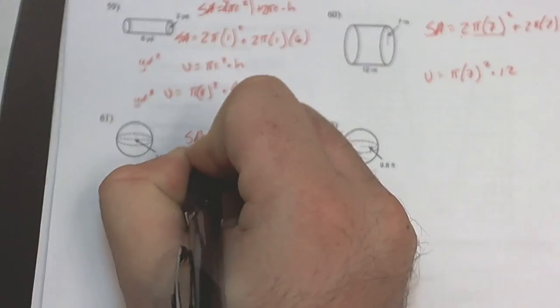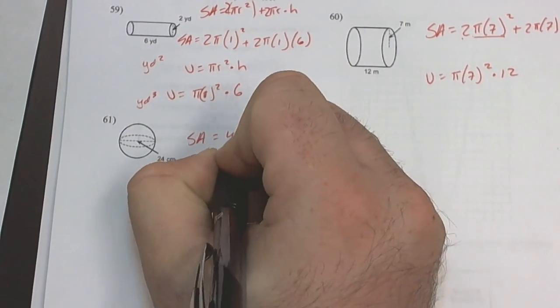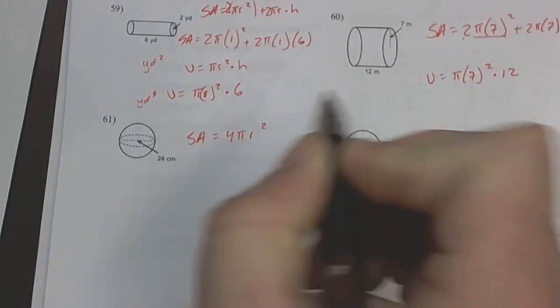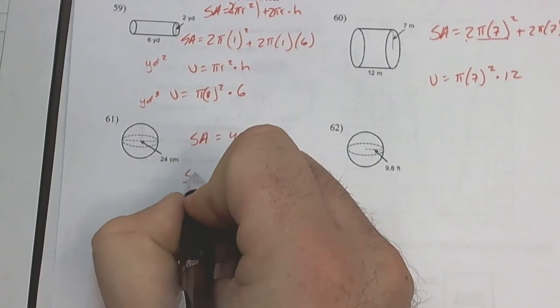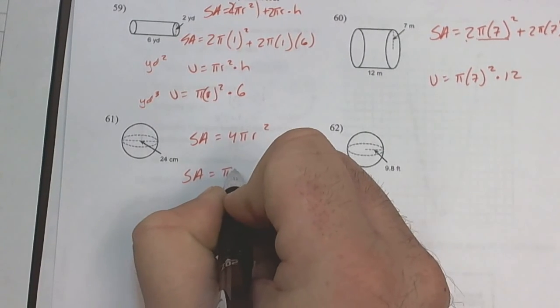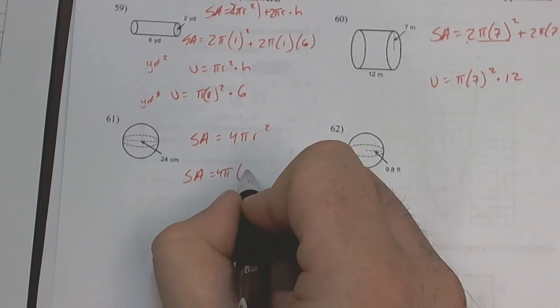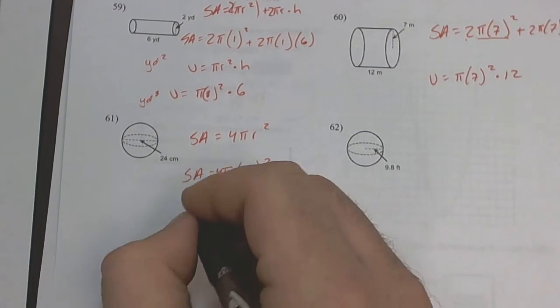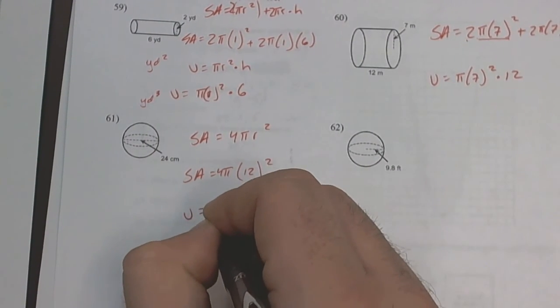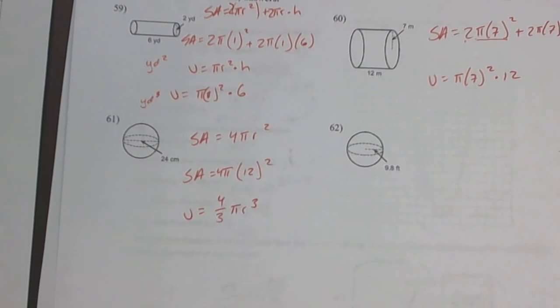Surface area of a sphere is 4 pi r squared. So the surface area of this sphere is equal to 4 pi r, don't forget they gave you the diameter, so you've got to cut that in half, squared. Volume of a sphere is 4/3 pi r cubed.